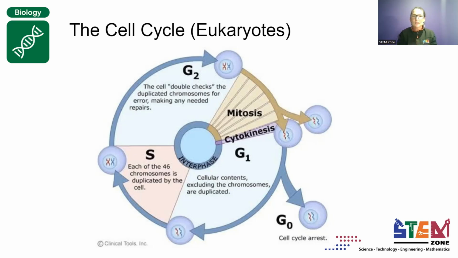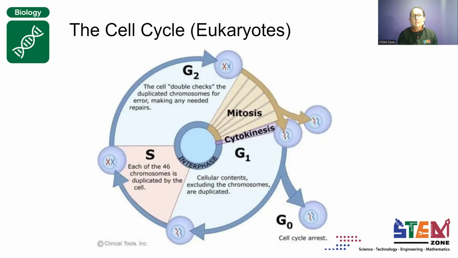So there's more checks along the way before this cell goes from 1 to 2. Any errors in copying the DNA will be detected. It's crazy, I know. We've got enzymes and proteins in our cells that go over that DNA and can detect any errors, if there's missing nucleotides and that sort of stuff.